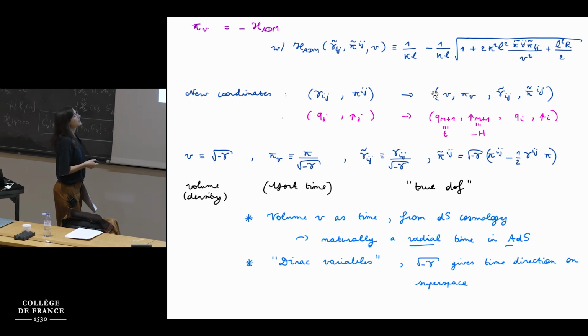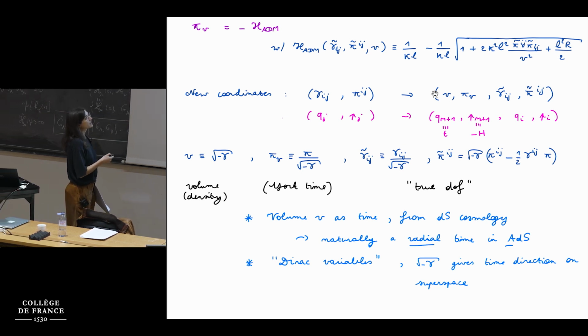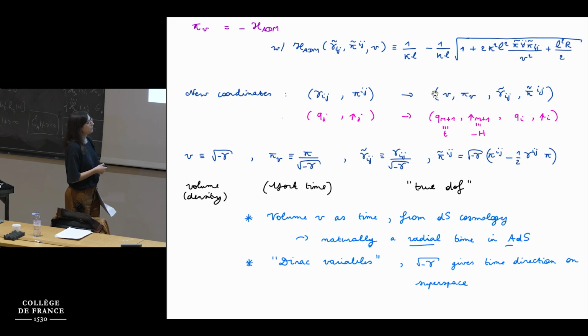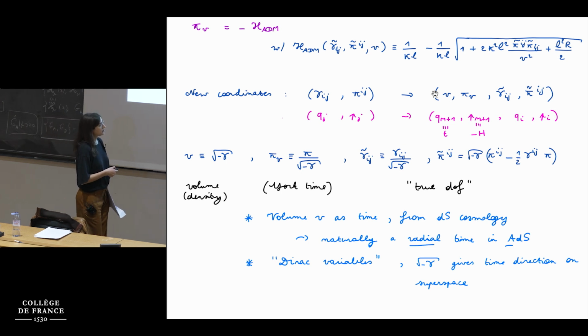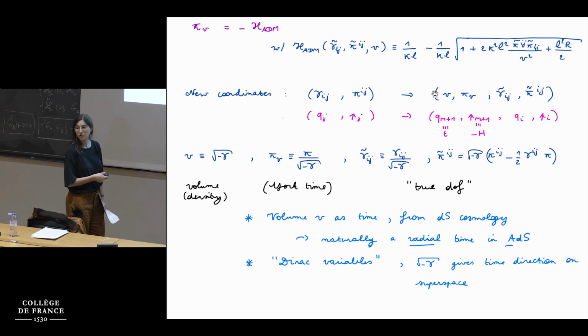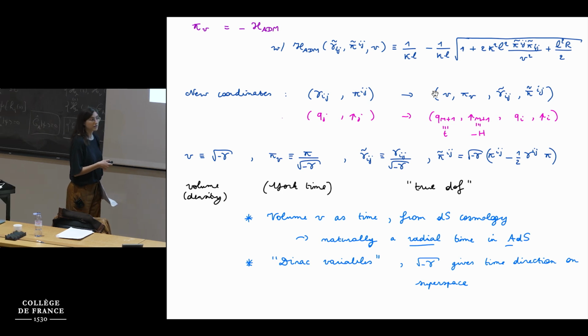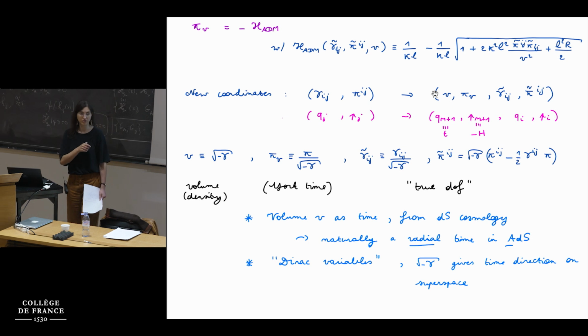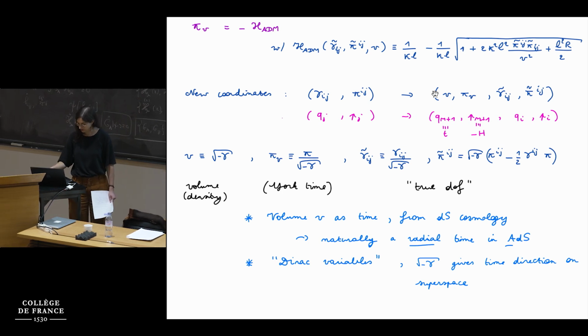Okay, so that's one thing. Then these variables that we introduced are called Dirac variables in the famous Regge-Teitelboim paper. So they're used there as well, and in general it's known that the volume gives you a time direction on superspace, superspace being the name for your configuration space, so the space of gammas. Okay, so those are all consistent with the deparametrization story that we see here.